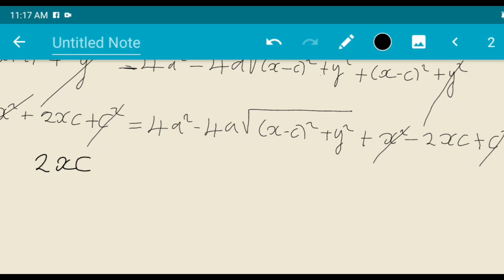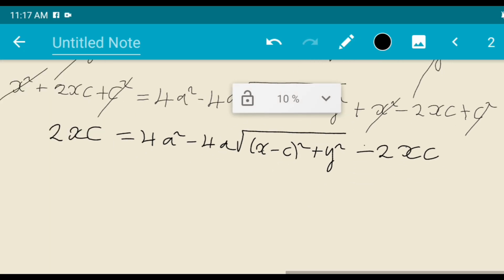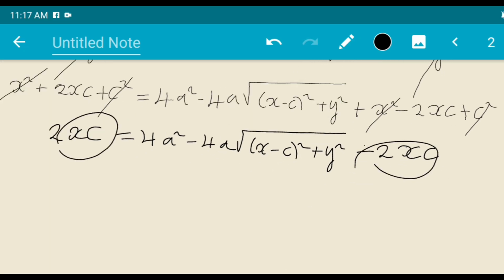2xc is equal to 4a squared minus 4a, open brackets. Sorry, we do that. The square root of x minus c squared plus y squared minus 2xc. So we can't cancel this with this, because as we may see, they're not the same. One has a positive, one has a negative.